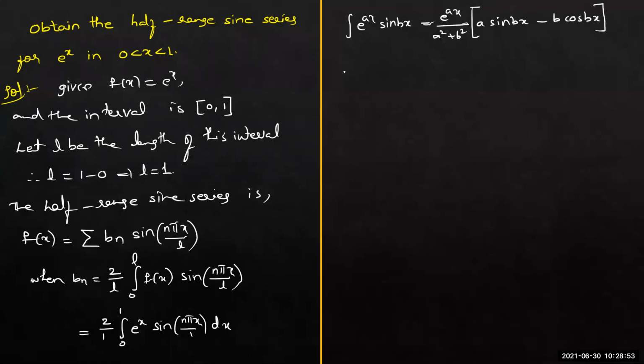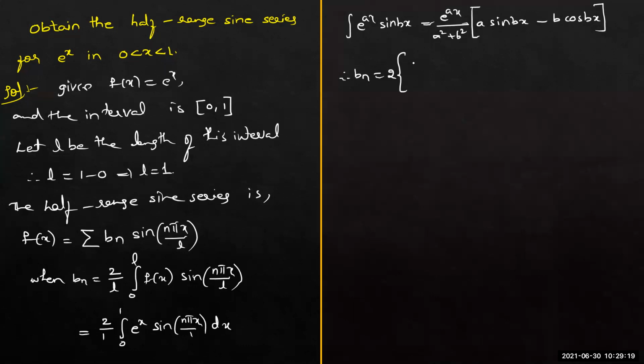So bn is equal to 2 into, I'm just taking a little bigger bracket here because we have internal brackets also. Now if you compare these two, a is equivalent to 1, and here it is sine n pi x. The denominator is anyway 1. So b is equal to n pi and a is equal to 1.